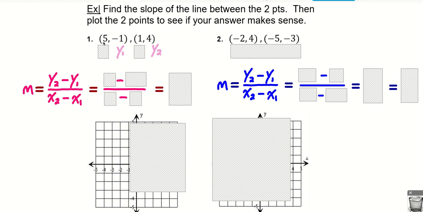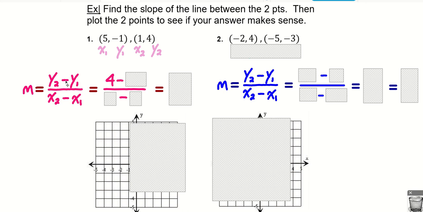So what would that make 5? Wouldn't that make 5 my x1? This is my first x and y, and then 1 over here would be my x sub 2. My first x, my first y, my second x, my second y. So once you figure out what you're plugging in and you're careful and you get this correct, again it's a formula, so you just plug that stuff in. So y2 was 4, and then there's a minus.